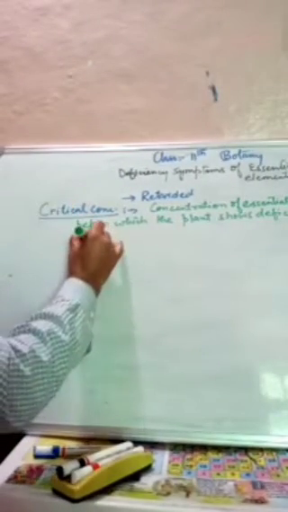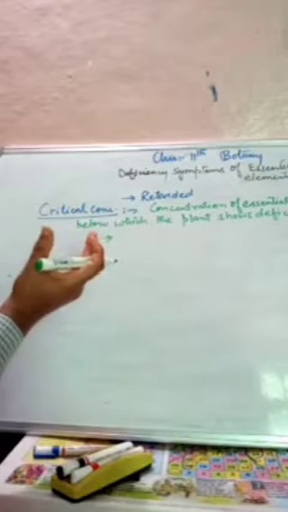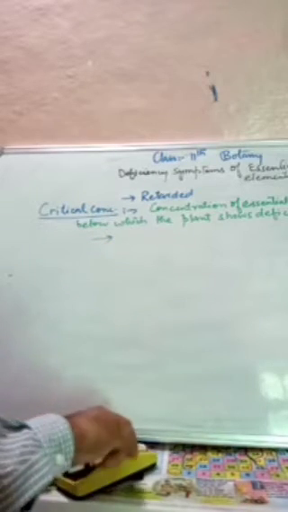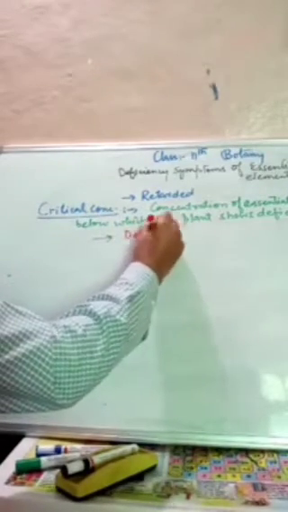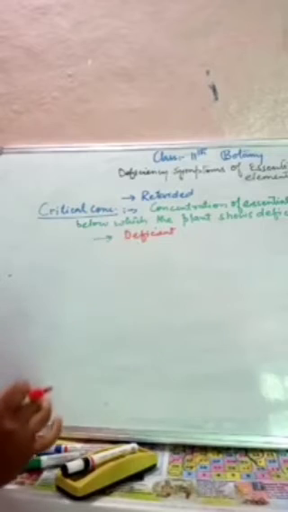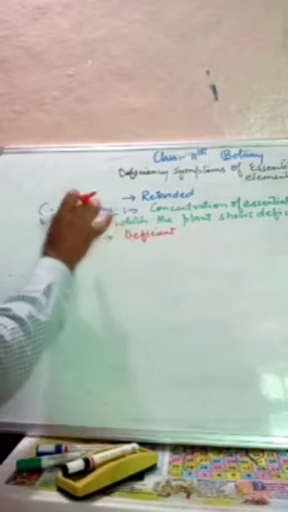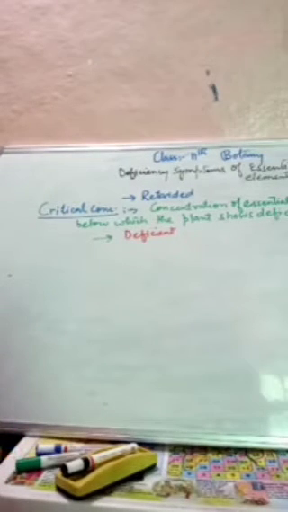The element by which the plant shows deficiency is called deficient, and that element is below this critical concentration. Now we also have another term called mobile elements.